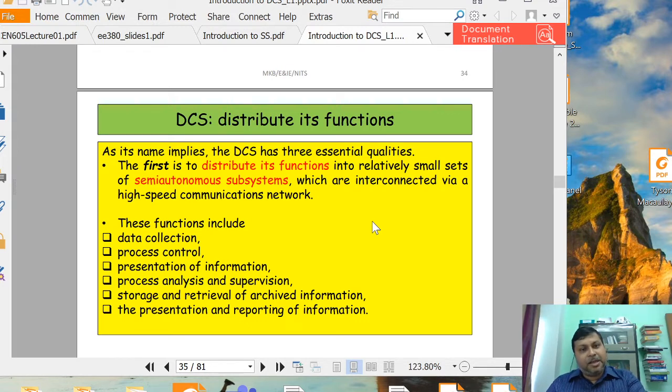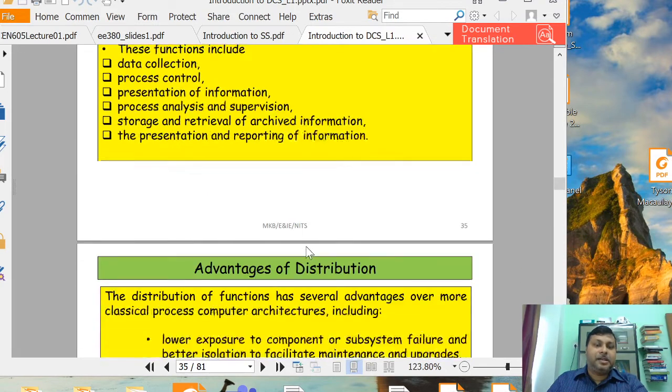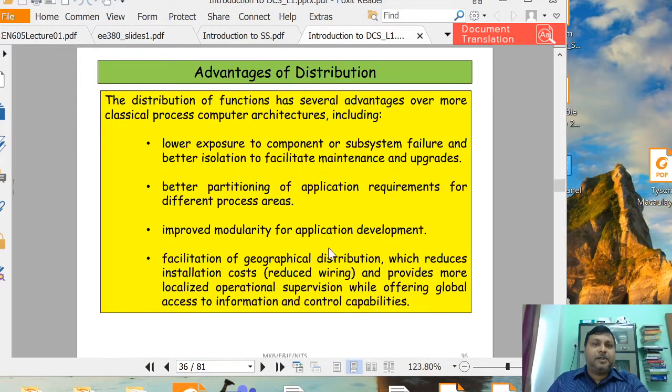Suppose all these functions are performed by individual semi-autonomous subsystems. If the data collection subsystem is not working, then all other subsystems will not be affected by the failure of this data collection system. So that's the facility we get when the functions of DCS are distributed. So what are the advantages of distribution?